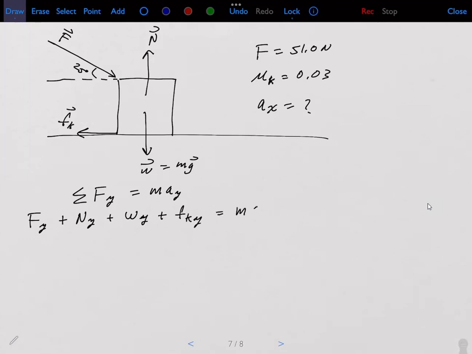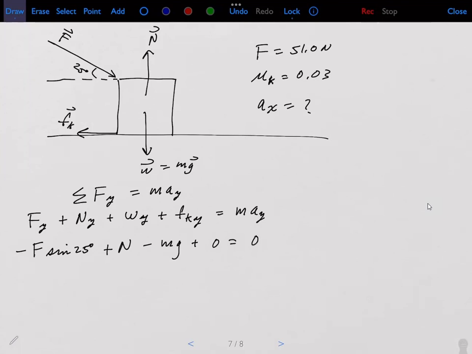That's equal to may. The y component of the applied force is again going to be negative F. We know what F is now though, right? Negative F times sine of 25. I'll leave it like that for now. The normal force is all of N. The weight is minus mg. And then the y component of the kinetic frictional force is 0. And it's still not moving in the y direction, right? So the acceleration is 0.